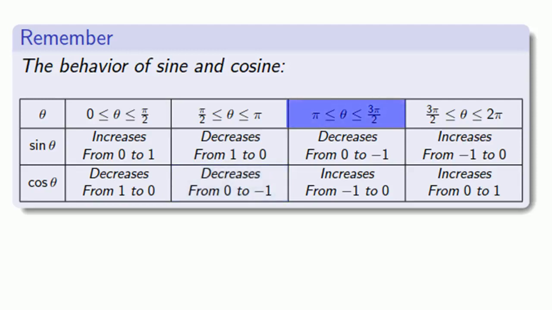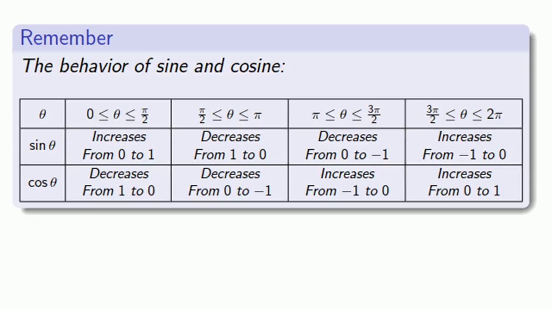Between pi and 3 pi over 2, sine starts to decrease from 0 to negative 1, and cosine begins to increase from minus 1 to 0. And finally, between 3 pi over 2 and 2 pi, sine increases from minus 1 to 0, and cosine also increases from 0 to 1.